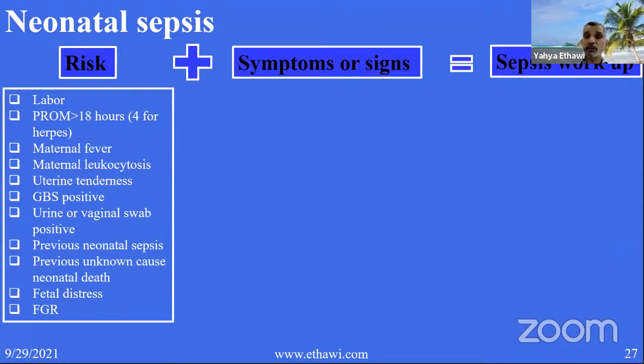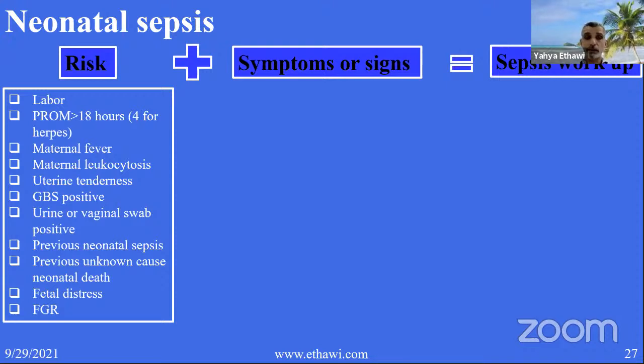So what are the risks of infection? Baby in labor. If the mother is contracting, if the mother is in labor pain, this is a risk of infection. If we have rupture of membrane more than 18 hours, but it's more for 4 hours if you're talking about herpes.